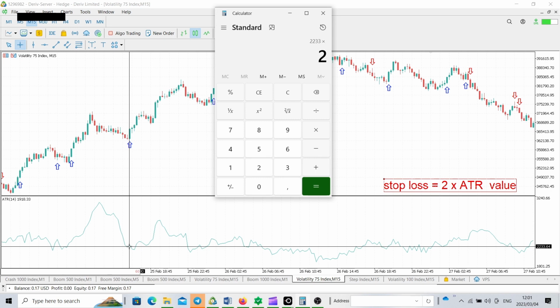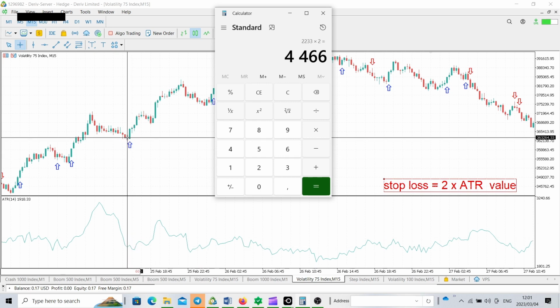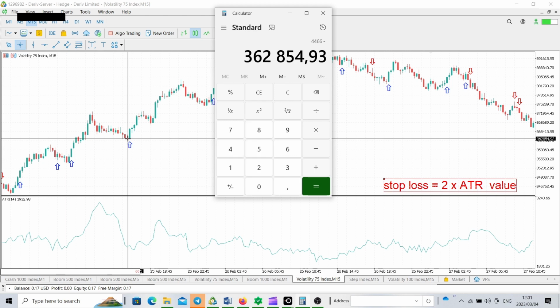Then we have our answer. This answer, we are going to simply subtract from the value of the price. So at this particular point, our price was 2854.93, minus 36. If you subtract it, we get this value.